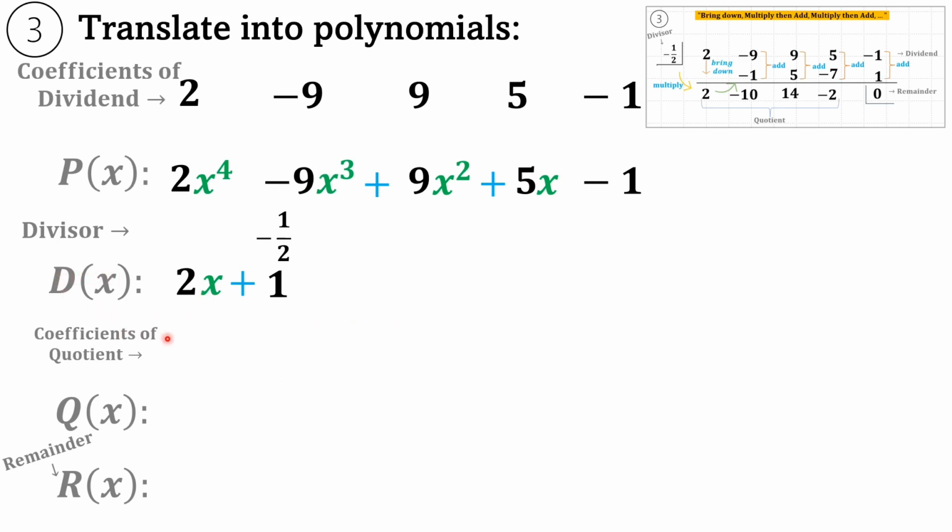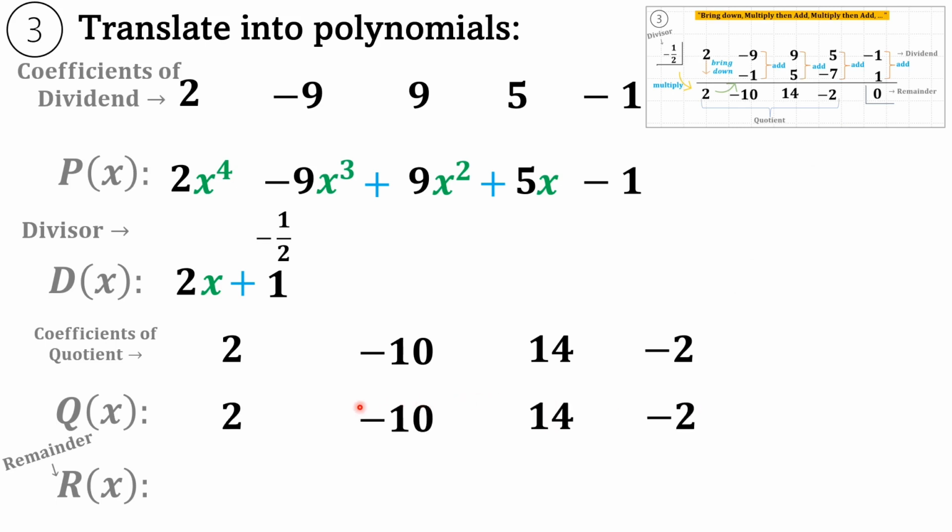Coefficients of the quotient from the SD: 2, negative 10, 14, negative 2. Copying them again to translate into Q of X. Then write plus before 14 because that is positive. Then counting in increasing order starting from 0 in negative 2, then moving to the left.